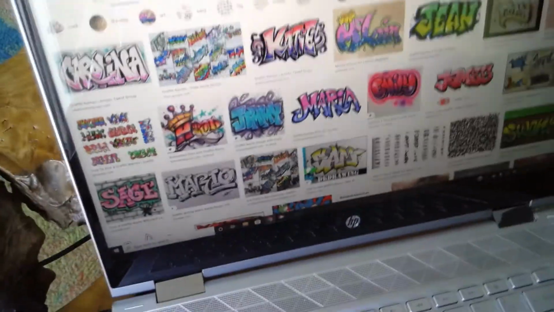One thing that always helps me, I'm going to show you on my computer. There we go. One thing that always helps me is starting out by just Googling graffiti names. And you see all sorts of really fun, interesting designs and ideas that pop up.